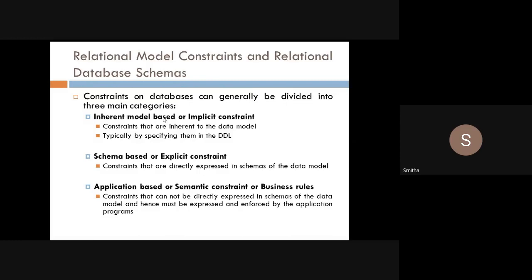Data definition, data manipulation languages and all. The data definition language will be used by the database administrator to describe the database. If he is using any constraint while describing the database, then it is called an inherent model based or implicit constraint.